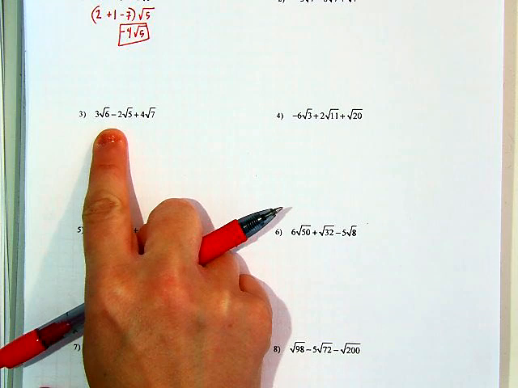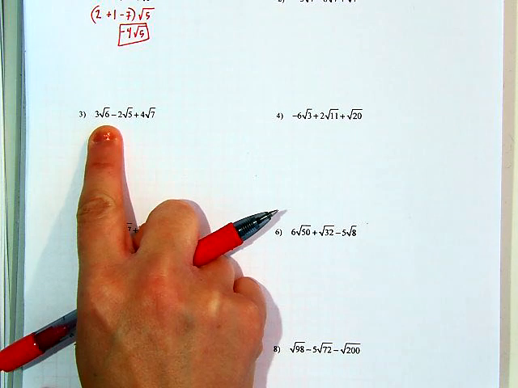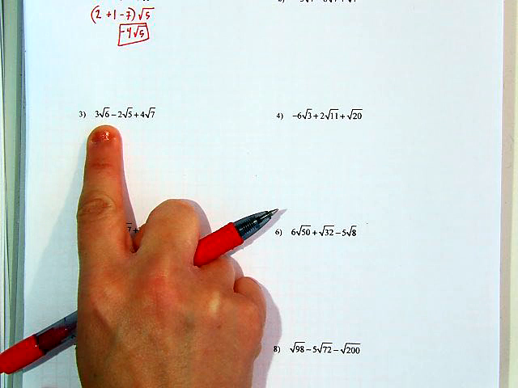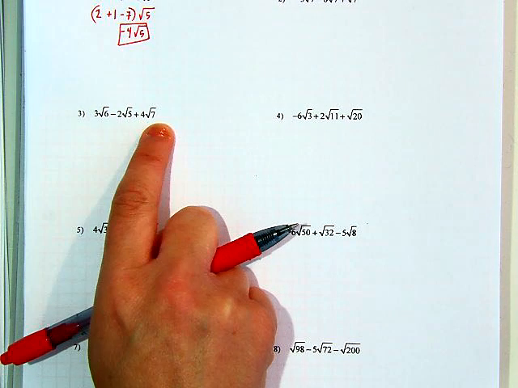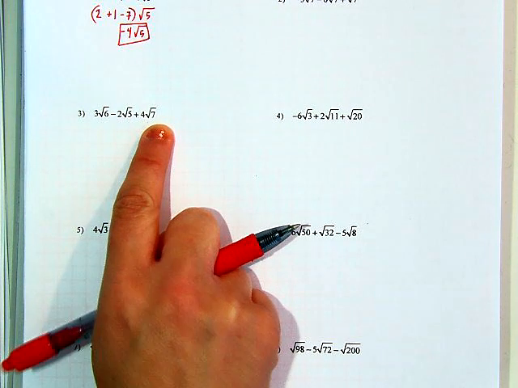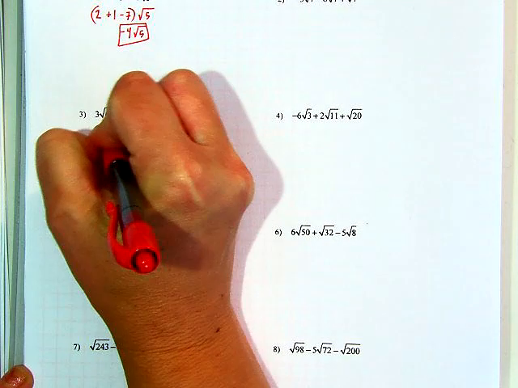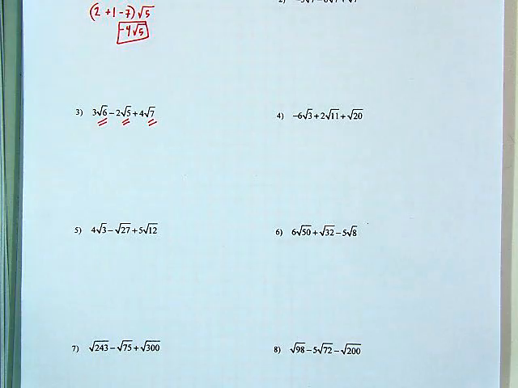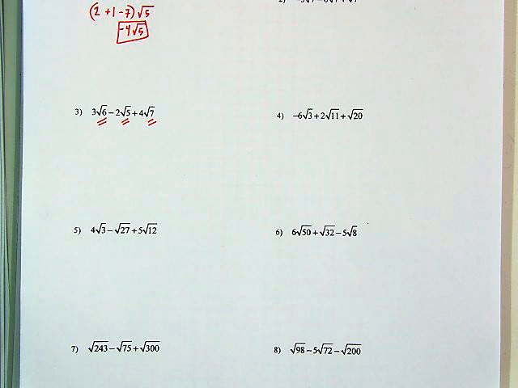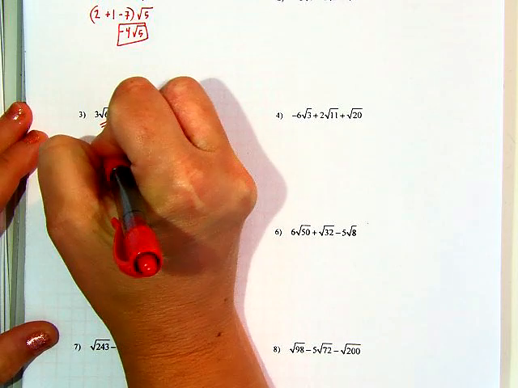So in problem 3, I have 3 square root 6 minus 2 square root 5 plus 4 square root 7. So right away I can see that, well, this is a 6, that's a 5, and that's a 7. And I can't simplify each of those individual terms. I'm stuck. So this is actually totally simplified. There's nothing else I can do. I'm going to write that.